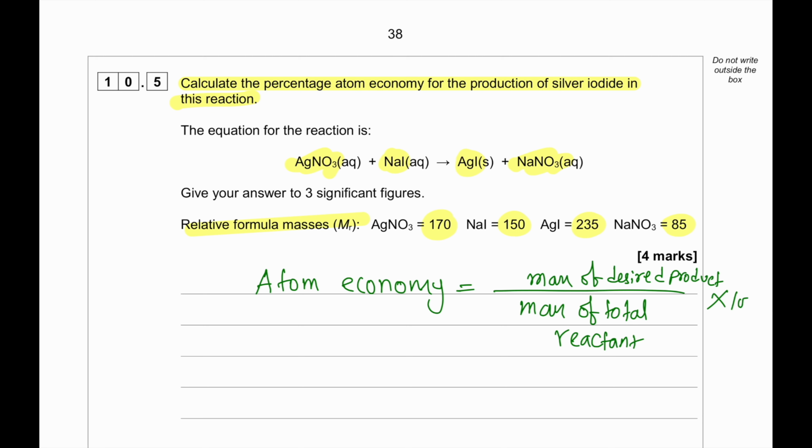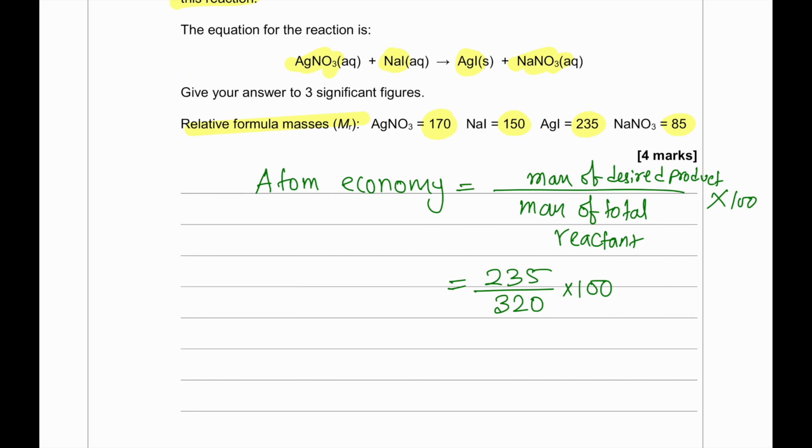And then we'll multiply this by 100 to get it into percentage. This is the percentage, however, we'll have to give it to 3 significant figures. So the answer will be 73.4%.